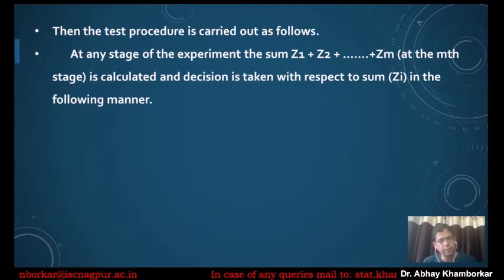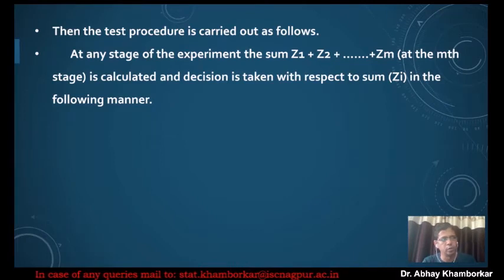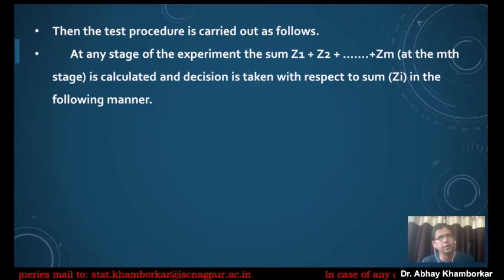Now to take a decision, we are going to calculate summation zi. Earlier, what we wrote was that we will calculate the ratio p1m upon p0m, but now, instead of p1m upon p0m, we are taking log of p1m upon p0m, which is nothing but summation zi. So at every stage of the testing experiment we calculate summation zi.